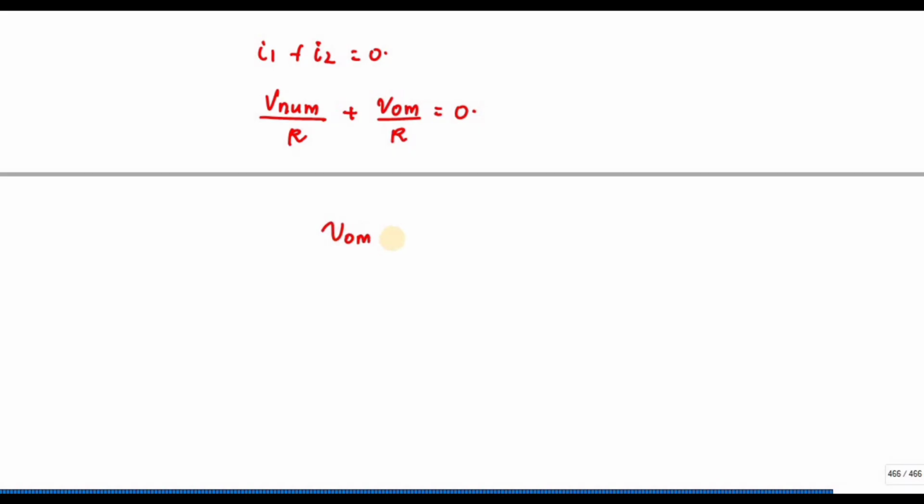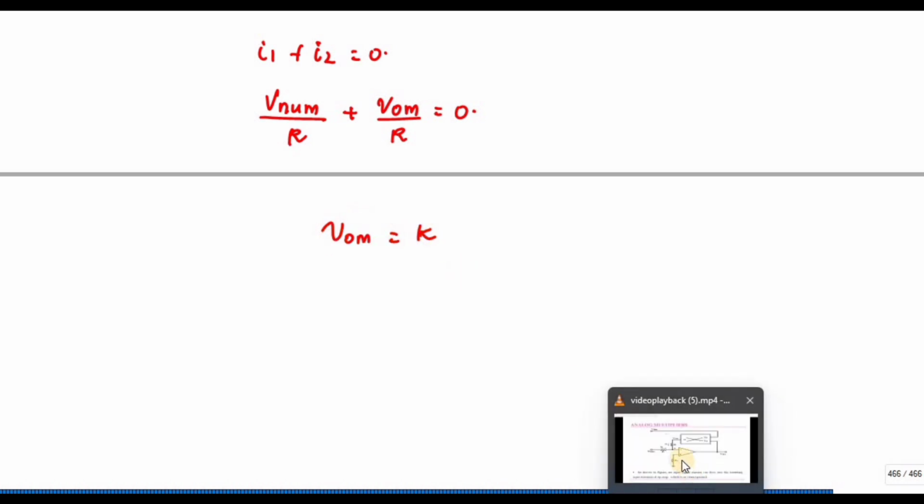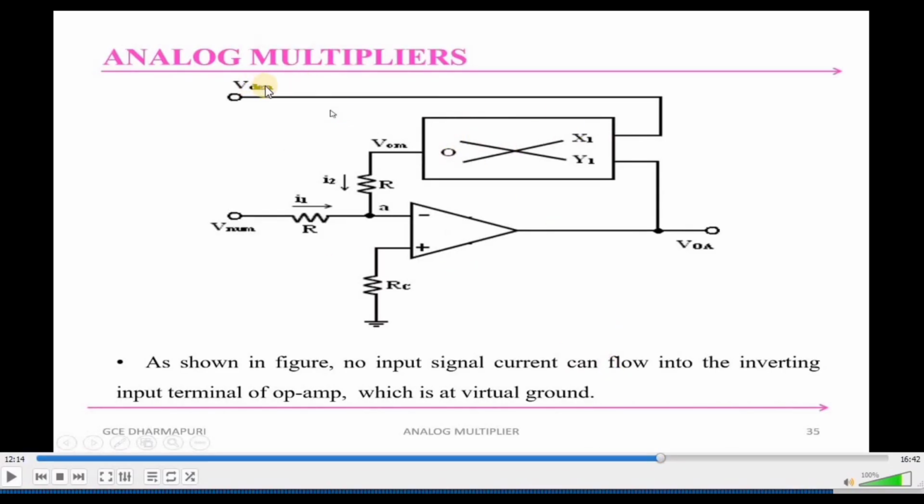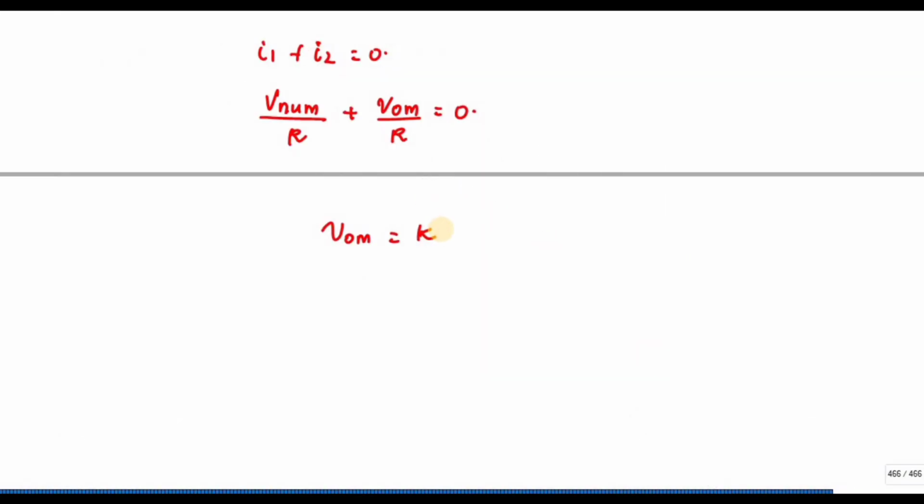What is VOM? VOM is the output of the multiplier. You know the output of the multiplier is K into the inputs we are giving. What are the inputs that I am giving? VDEN and VOA. So I can write VDEN into VOA, right? From this equation, VNum plus VOM is equal to 0, so VNum is equal to minus VOM, right?